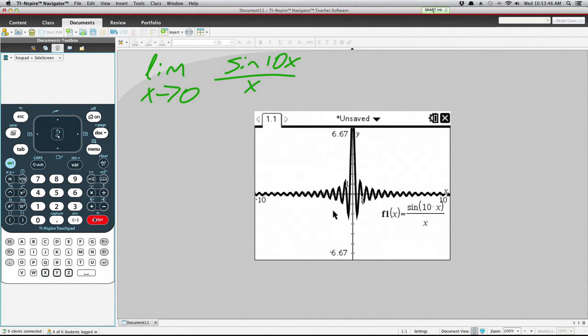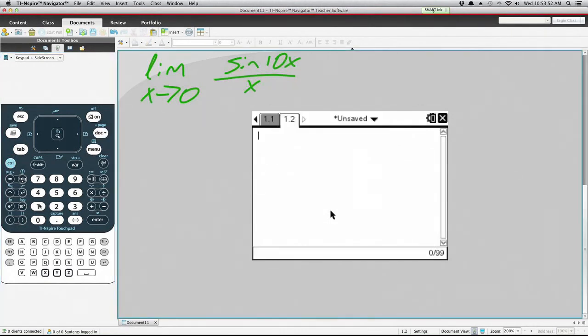I really don't care what the graph looks like, so we're going to do control dot and we're going to do a calculator. Now, this time we're approaching 0. So Garrett, give me the numbers on the right side of 0 that we want to plug in. 0.001, 0.01, 0.1.